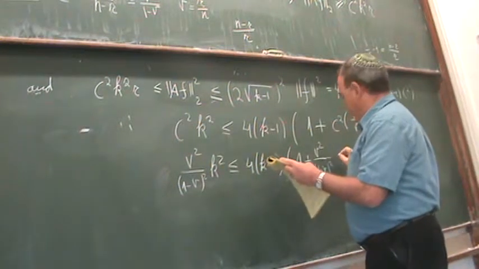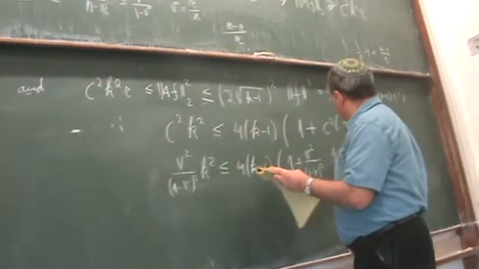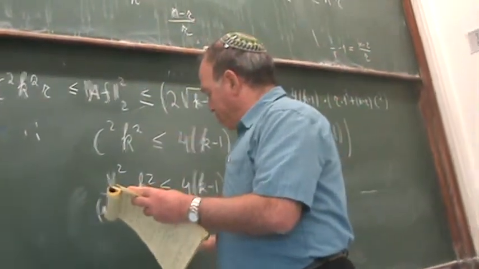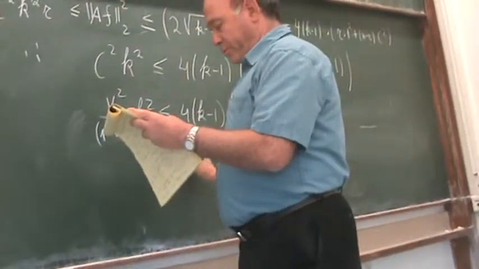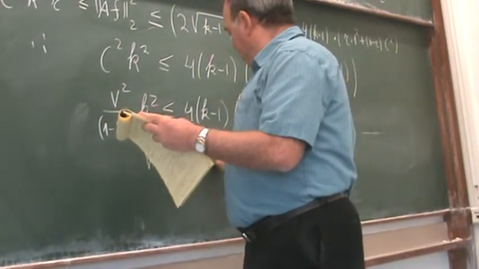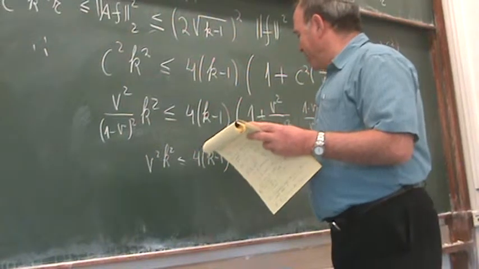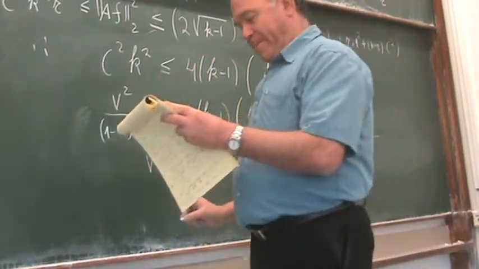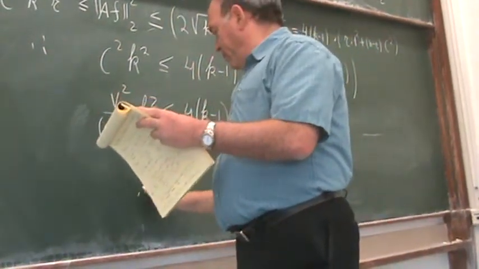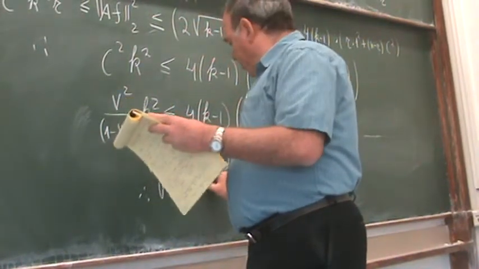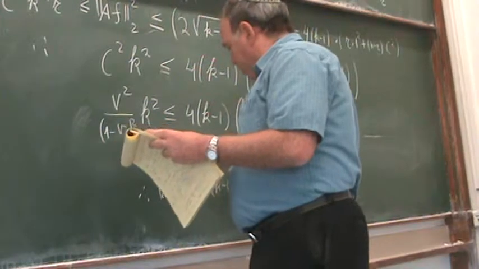I'm just copying from my notebook, from a paper, but I think I checked it when I wrote it. And therefore, we're getting v squared, k squared is at most 4k minus 1.